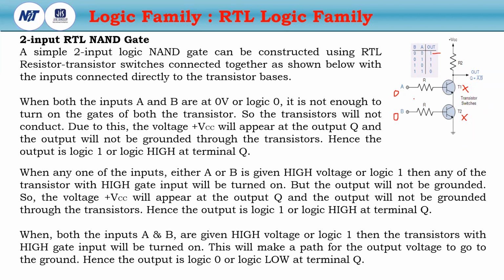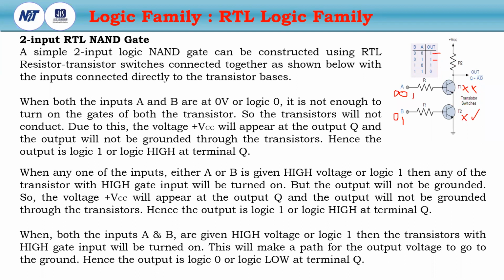Now if any one of these is in saturation, then what happens? Also the open circuit exists. Suppose this is cut off, this is on. So this is the open circuit. So again Vout will be logic 1 because no current is produced.